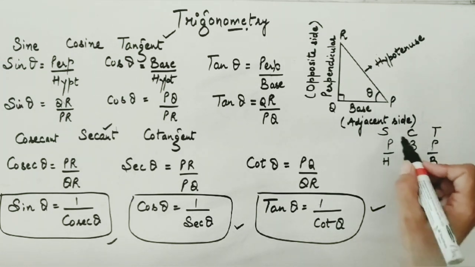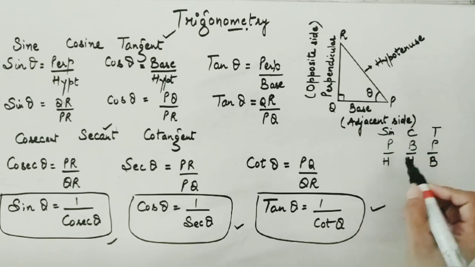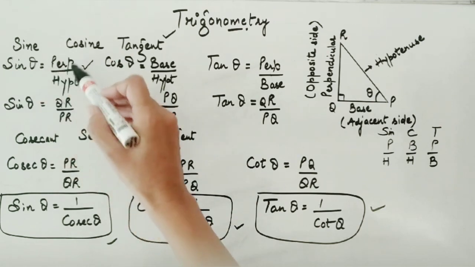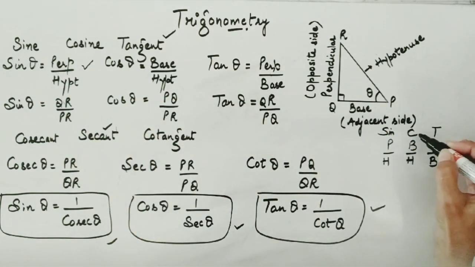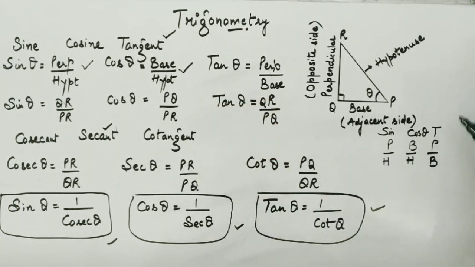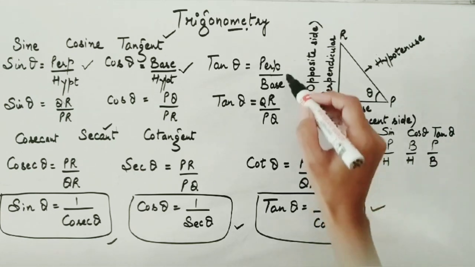Look at this. S is sine. Sine is P by H. Do we have P by H? Yes. Sine theta is perpendicular by hypotenuse. Cos theta would be base by hypotenuse. And tan theta would be perpendicular by base.